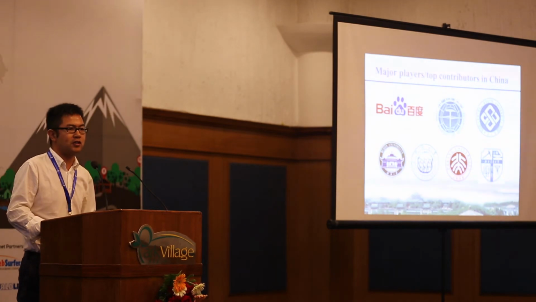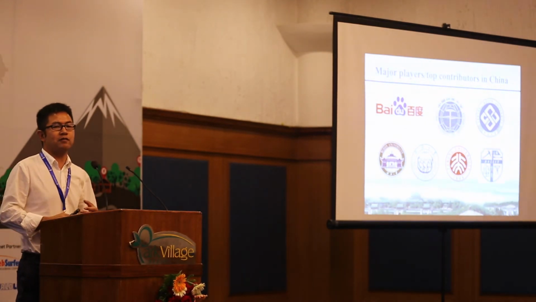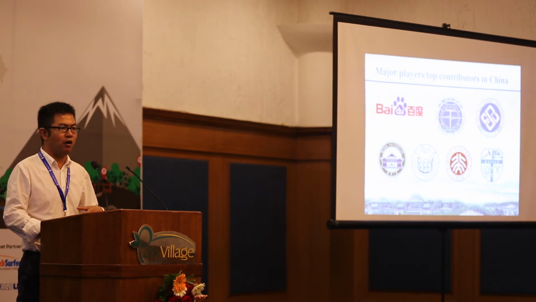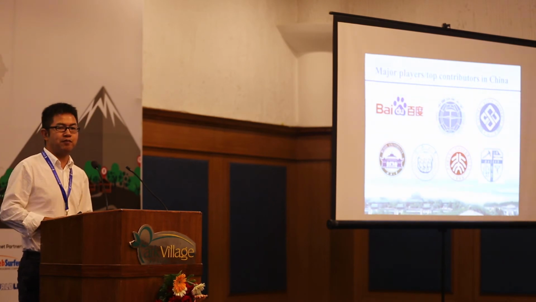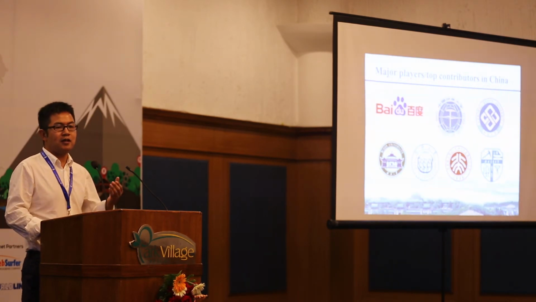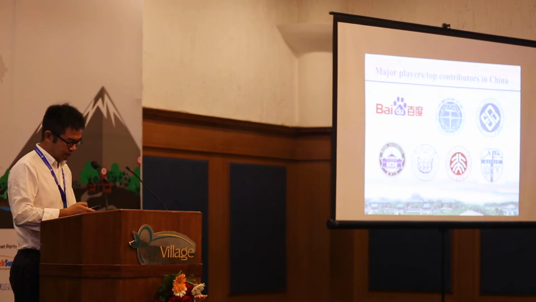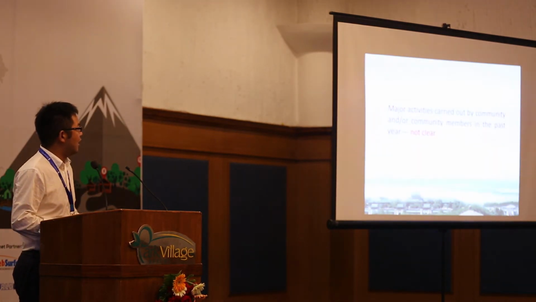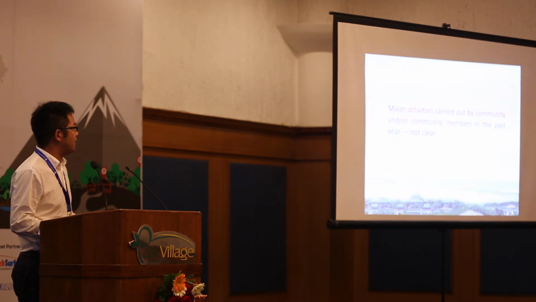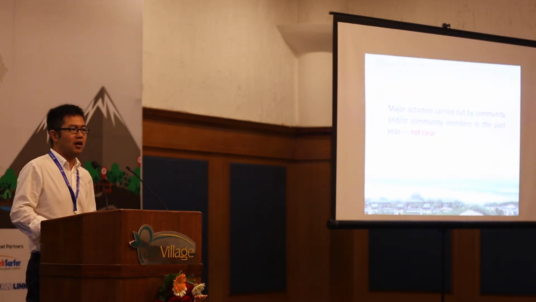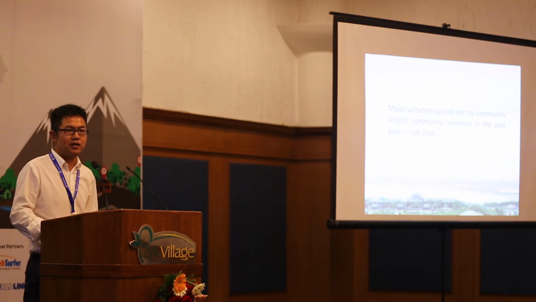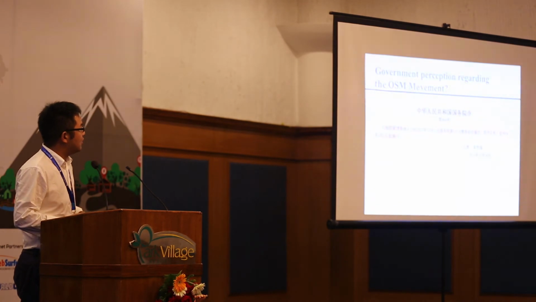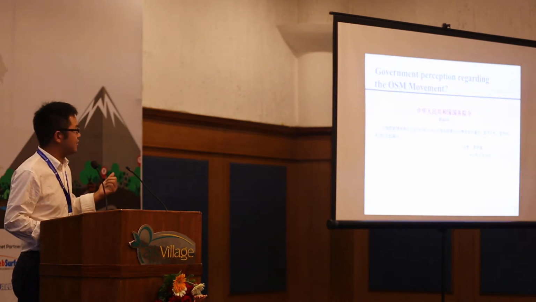There are a lot of universities which have a geography department or a department of geoinformatics, so they try to map something on OpenStreetMap for research purposes. As for major activities carried out by the community or community members in past years, it's not clear, because in China you cannot find such information.